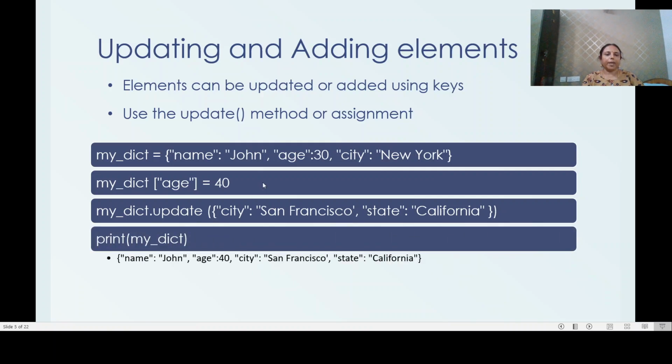I have updated age to 40, and I have updated the city from Newark to San Francisco, and the state is California. So you can use update to update more than one element in the dictionary. If you want to update a particular item, then you have to use the key.